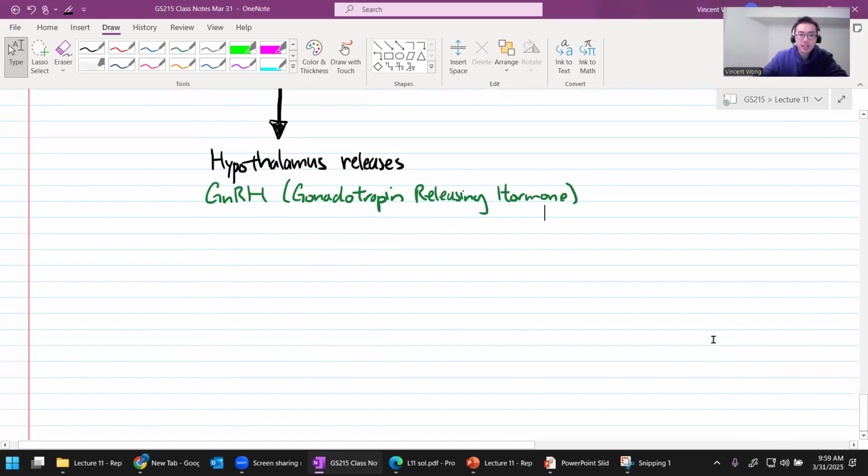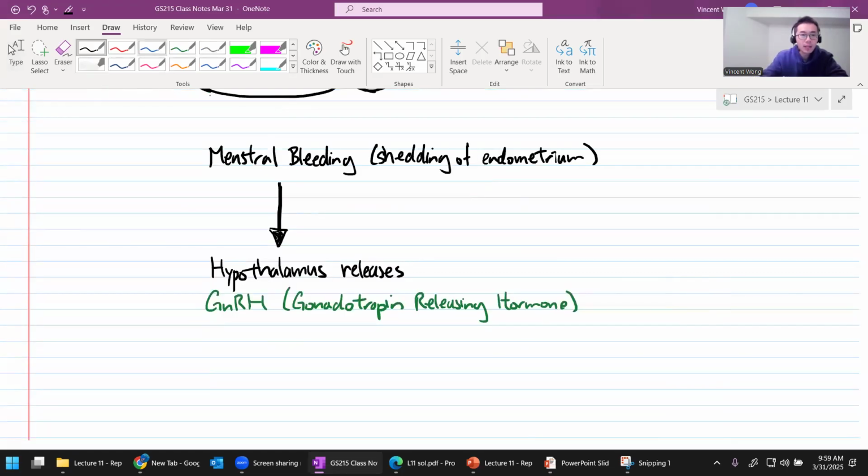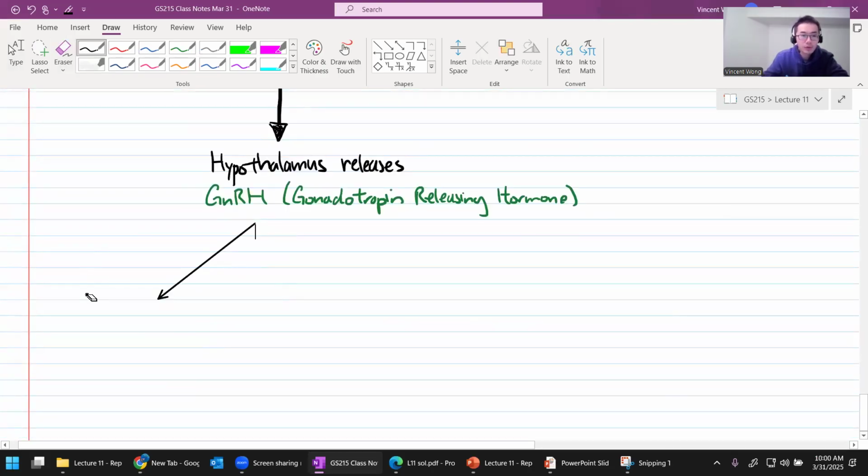So the hypothalamus is going to release the GnRH, which in the first half of the cycle is going to tell the anterior pituitary gland, I'm just going to put AP, to release FSH, follicle stimulating hormone, and a little bit of LH. Not a lot in this case. There's going to be LH, but that's not the significant one that we're focusing on. So I'm going to put it a little bit smaller.